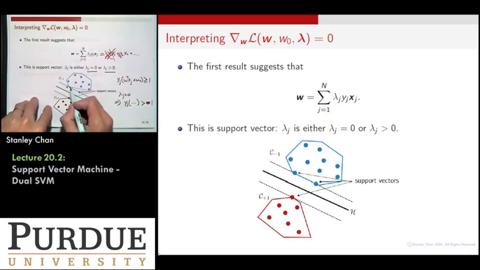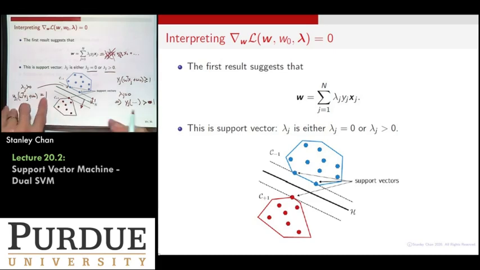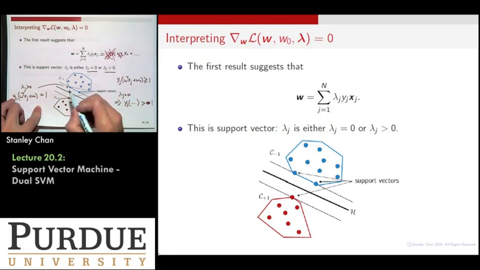These support vectors will correspond to lambda j bigger than 0, and then yj times (w transpose xj plus w0) will equal 1, right? Because they are living on the boundary, and the Lagrange multiplier has to be positive. That's why it's called a support vector, because these will be your support vectors.